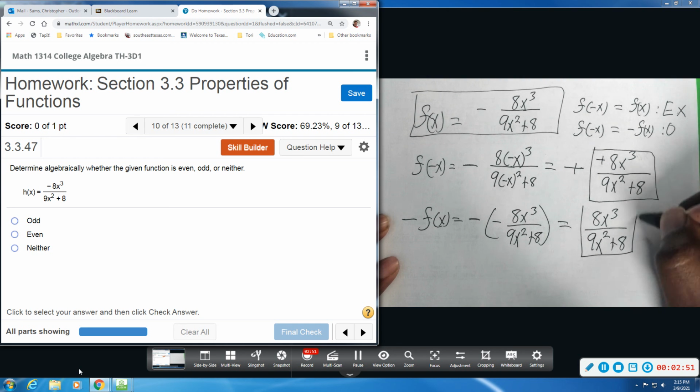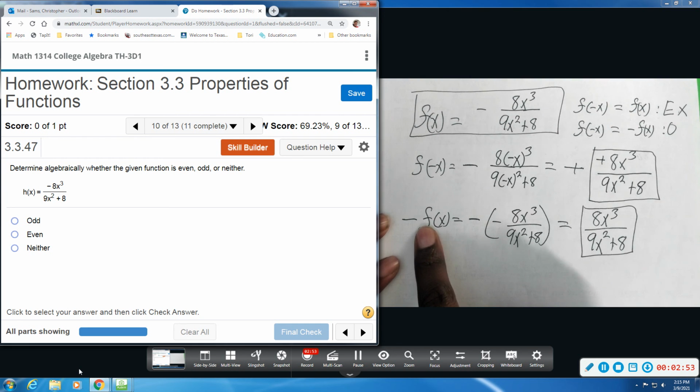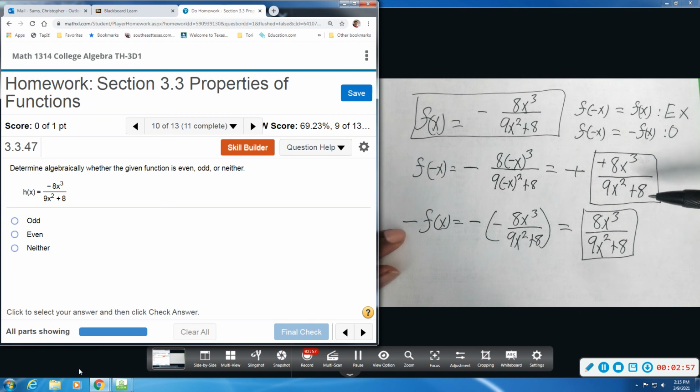And so this is what we would get for negative f of x. So f of negative x and negative f of x, both of those come out to be positive. So this function, therefore, is odd.